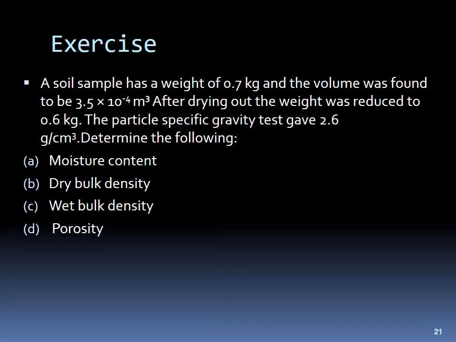You are also given the particle specific gravity, 2.6 gram per centimeter cube. I want you to calculate the moisture content in the soil, the dry bulk density, the wet bulk density, and porosity. So spend some time, analyze the question, use the equations and calculate it.